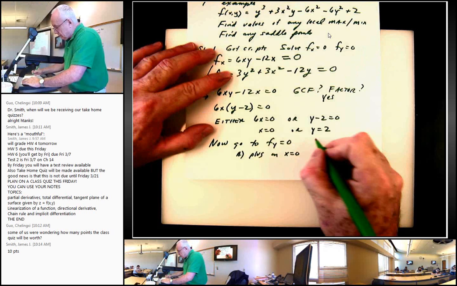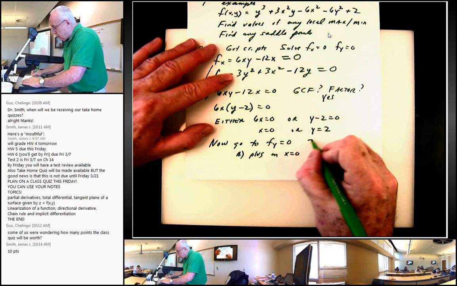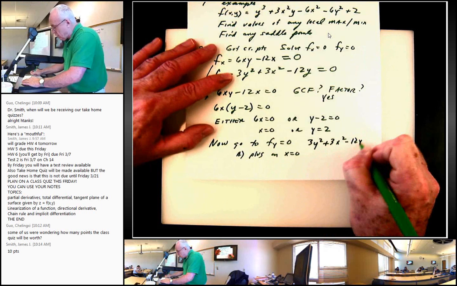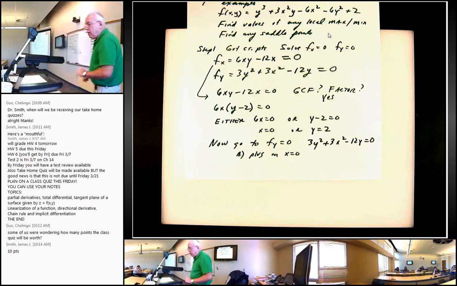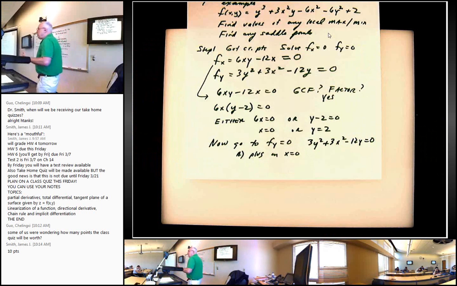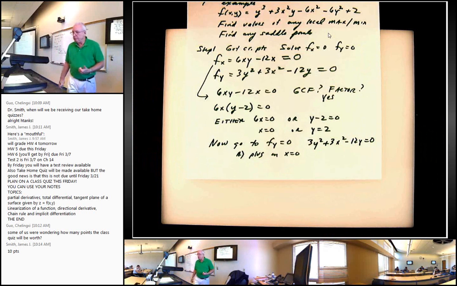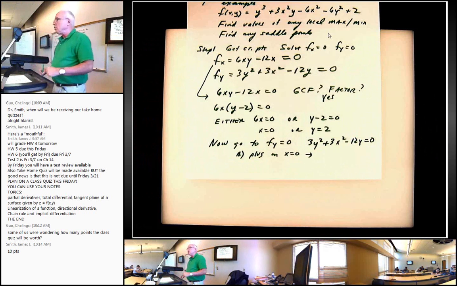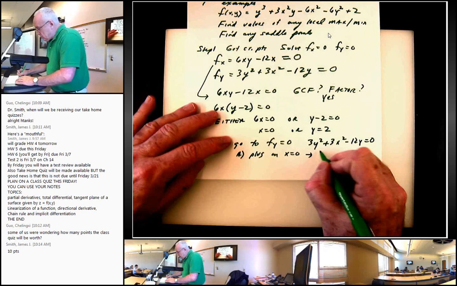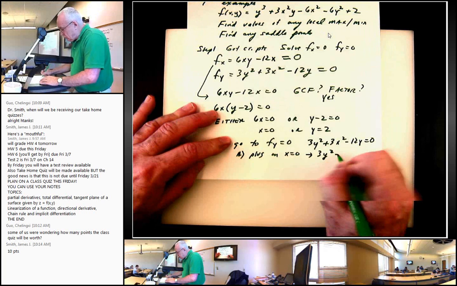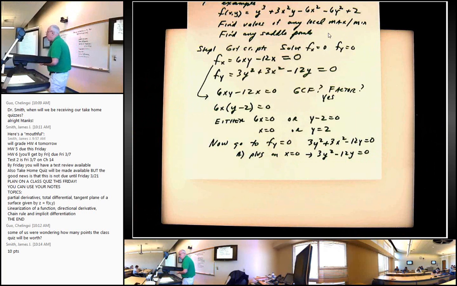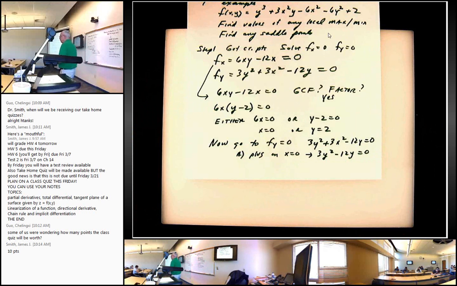Our second equation is this, 3y squared plus 3x squared minus 12y equals 0. Now, I'm going to plug in x equal to 0. So when I plug in x equal to 0, that middle term goes away. And so I'm left with something that doesn't look too awful, 3y squared minus 12y equals 0.